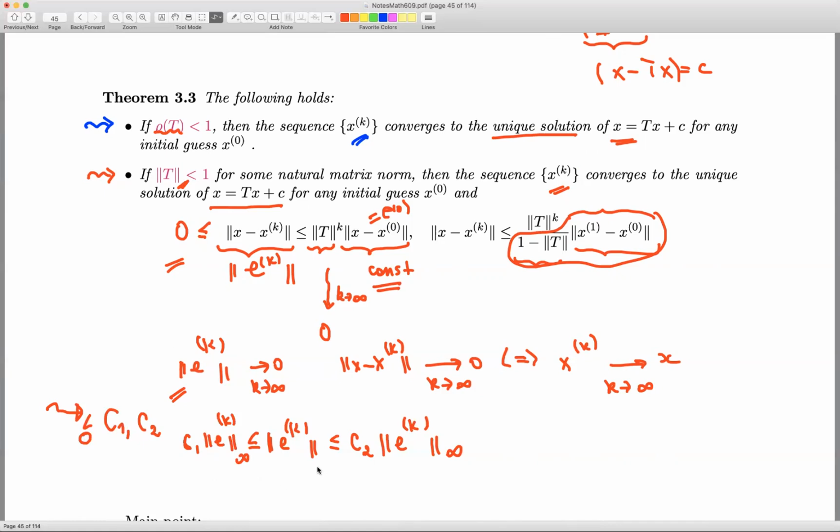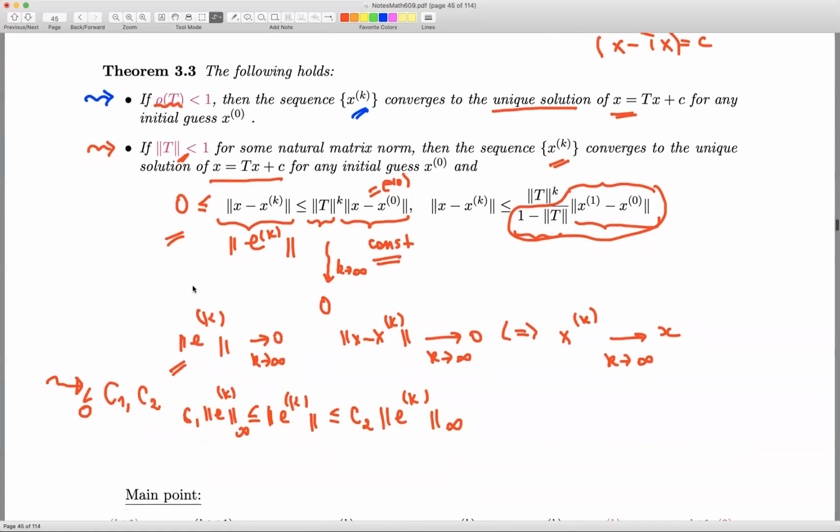So now we showed that this norm of the vector Ek goes to 0 as k goes to infinity, and therefore the infinity norm of Ek will go to 0 as k goes to infinity.